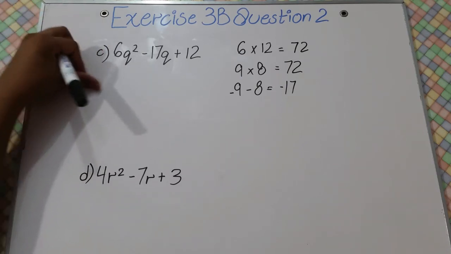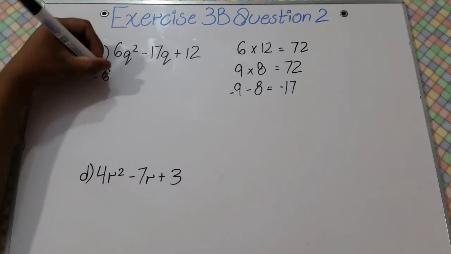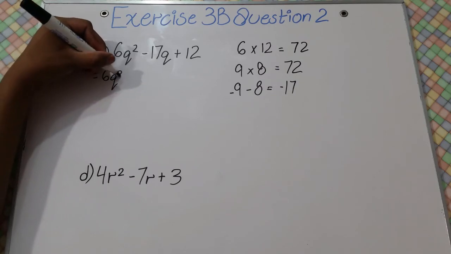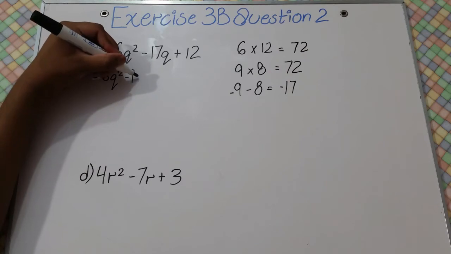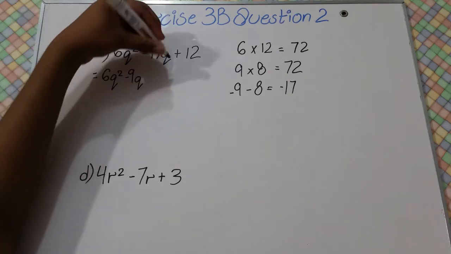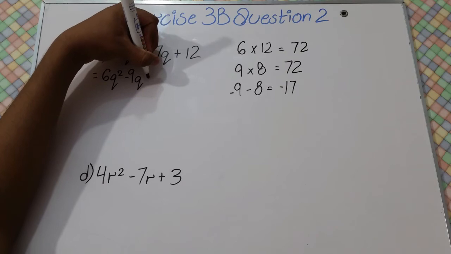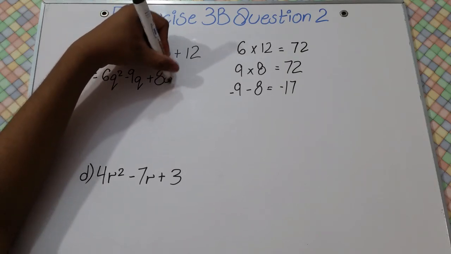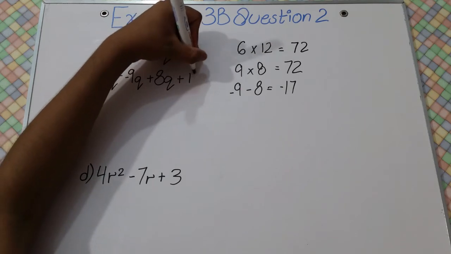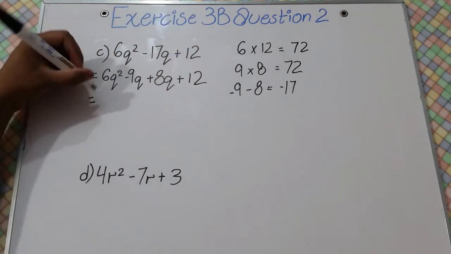So if I write 6q square minus 9q minus 8q plus 12, then we are going to take the common.